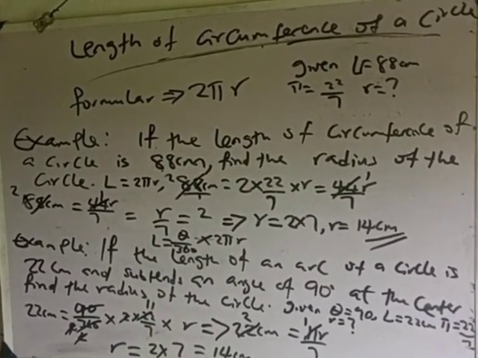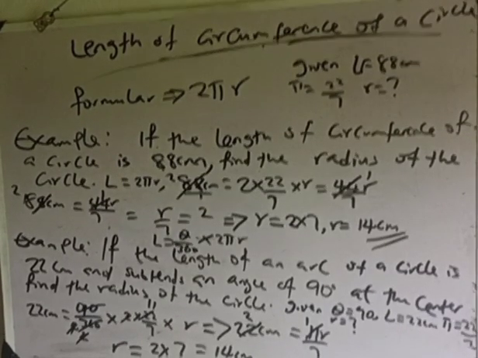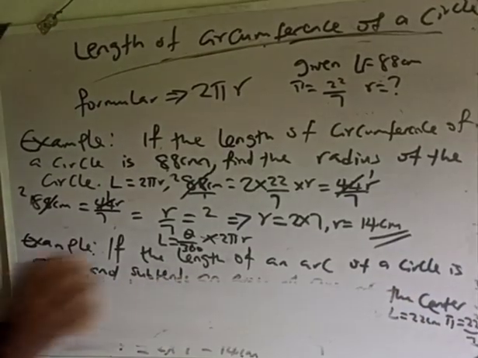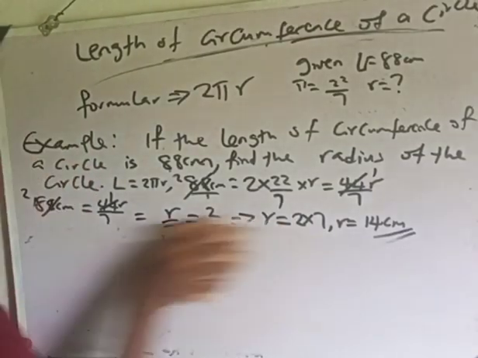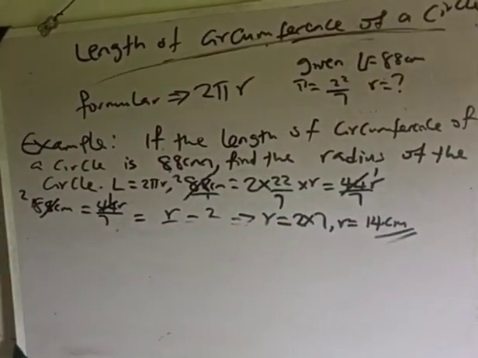Now, also, you can be given your radius. This is the last thing we are going to do today. We can be given radius and be told to find our angle. Let me show you. Let's say, example 2.